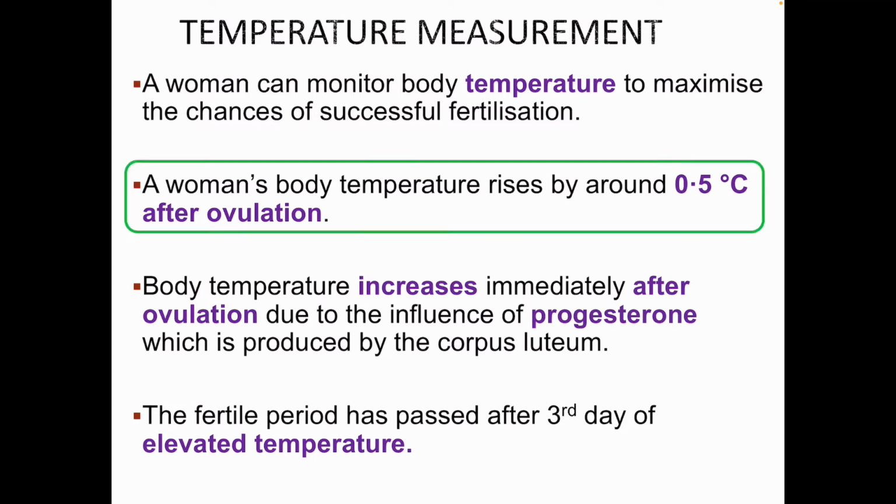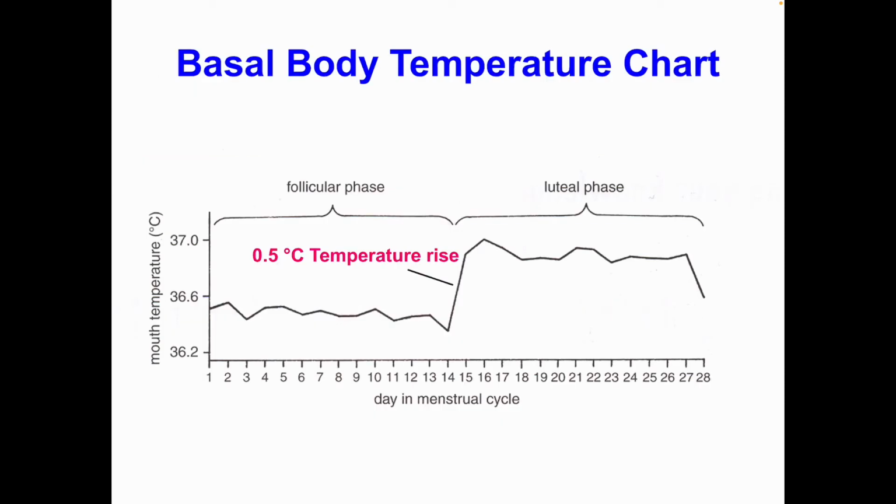If we have a look at the graph, you can see that during the follicular phase, the body temperature is hovering at around 35.5 degrees Celsius. However, on day 15, there has been quite a steep rise in the body temperature.